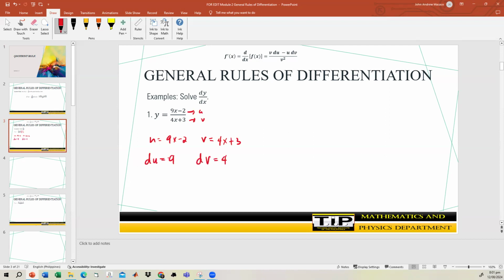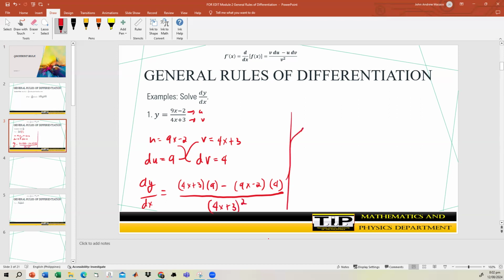Then it means that dy over dx will be equal to, you just need to multiply v du, so that's basically 4x plus 3 times 9, minus, that's the u dv, so this will become 9x minus 2 times 4, all over v squared. My v is 4x plus 3, so I must write this.